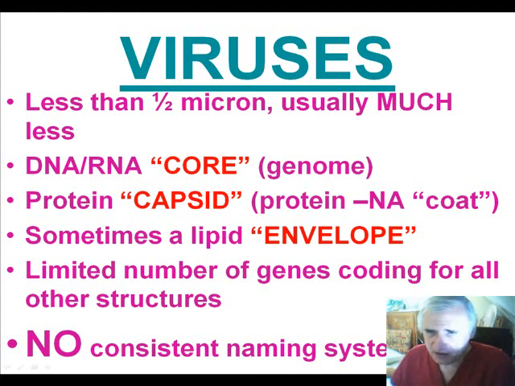And in the core, the DNA may be single or double-stranded technically, so that's another way of classifying viruses. And most viruses have a capsid surrounding that core. In fact, they all do, which they call the protein coat. Sometimes, in a little bit higher level of viruses, there's another lipid interface surrounding the protein called an envelope.